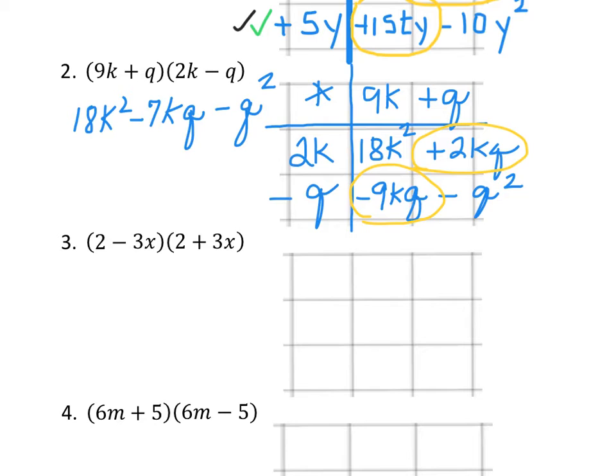So remember that your like terms are going to be on the positive diagonal, the ones that are going up from left to right. And here we have another one.